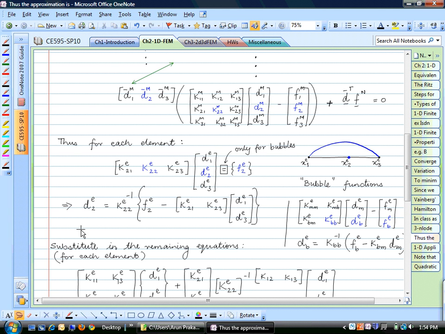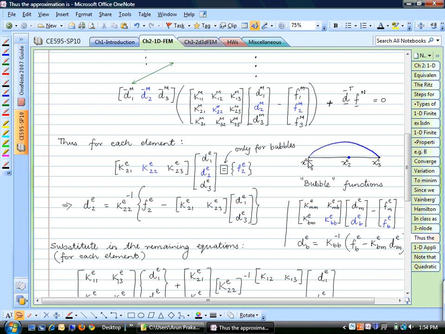So what I've been able to do now is to express this degree of freedom, the bubble shape degree of freedom, in terms of the other 2 degrees of freedom. The other 2 degrees of freedom were actually connected to the rest of the mesh. Okay, so we cannot eliminate those two by static condensation. So in general, in this case what we had was just one bubble shape function.